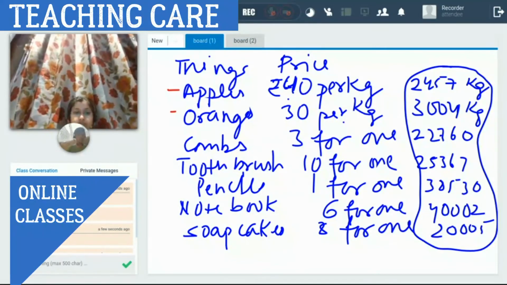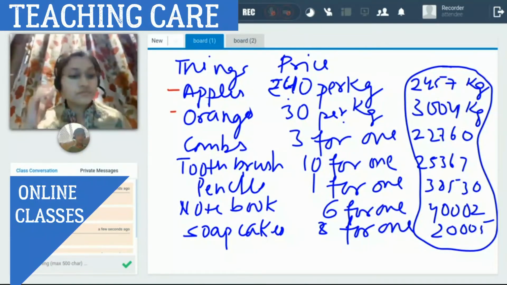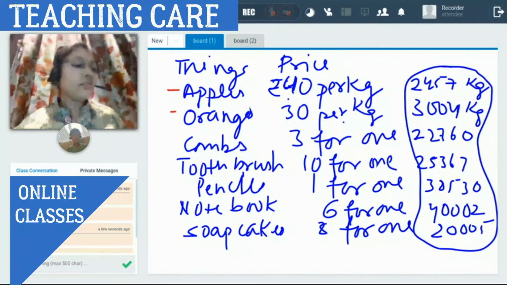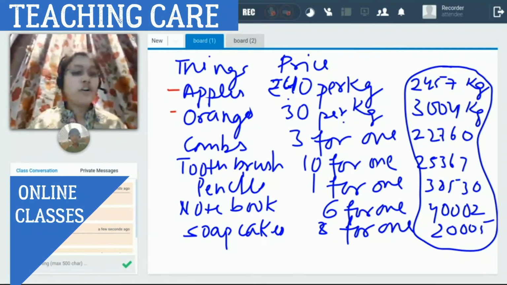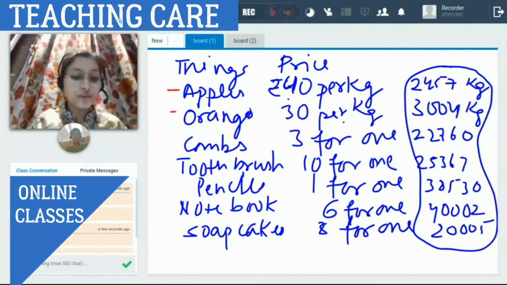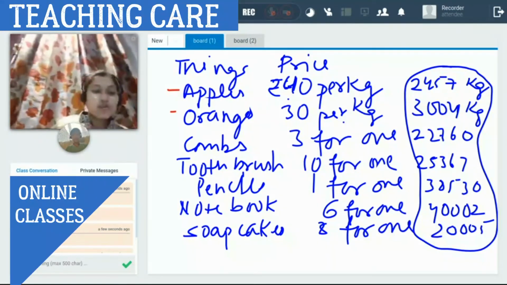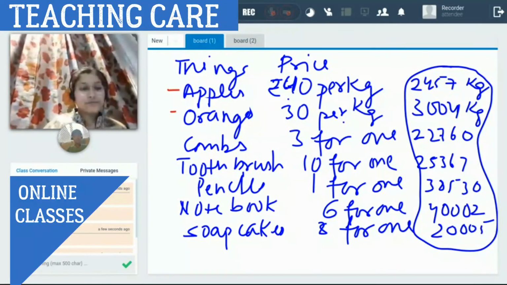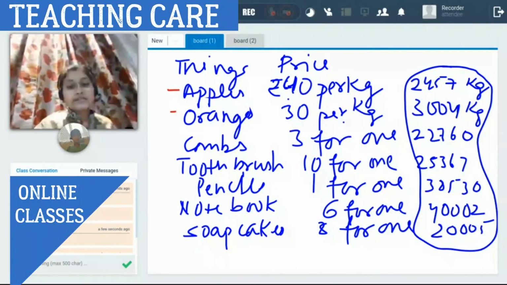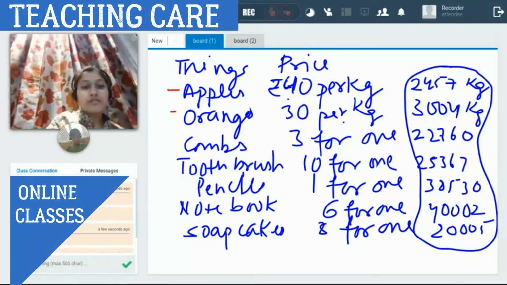So I was asking about the total quantities of apples and oranges sold during the last year. Which quantities will I add up? 40 rupees and 30 rupees are amounts.